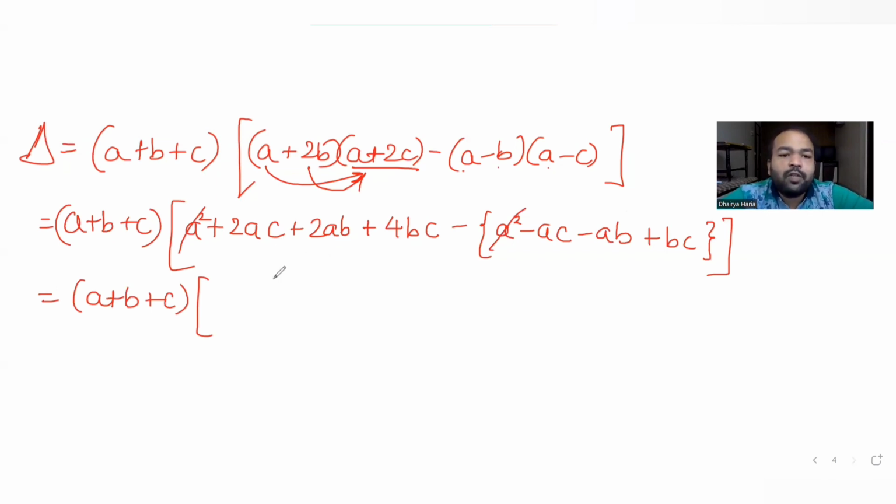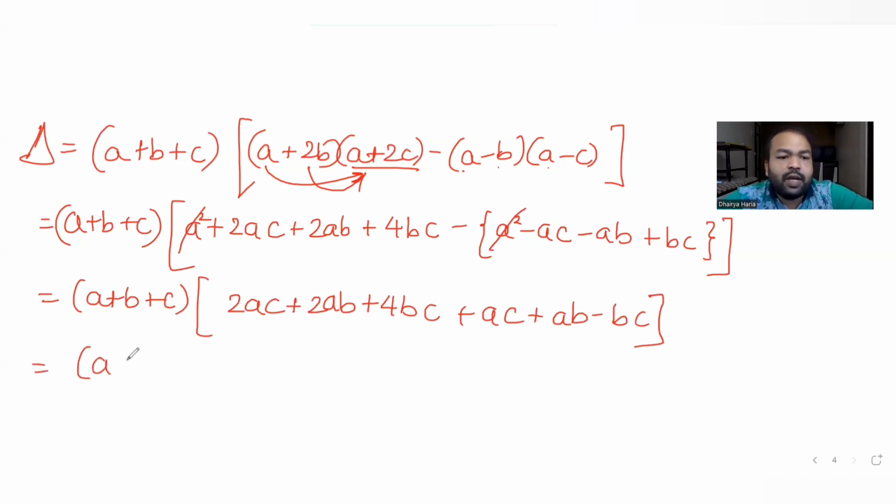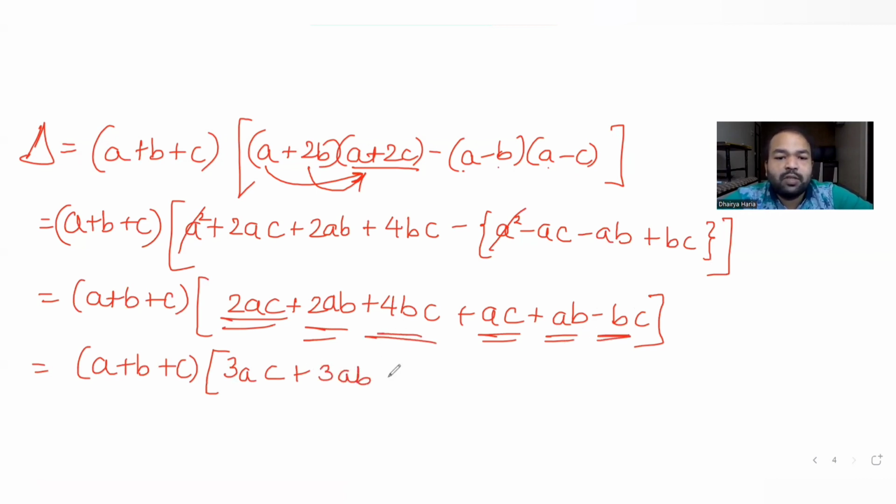Now 2ac plus 2ab plus 4bc minus, and since it is minus minus, plus ac plus ab and minus bc. Now I can solve it as a plus b plus 2ac plus ac is 3ac, 2ab plus ab is 3ab, 4bc minus bc is 3bc.